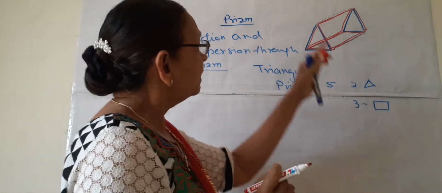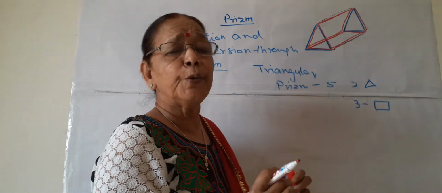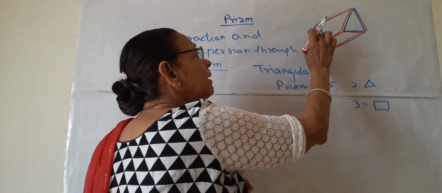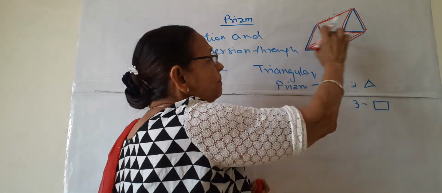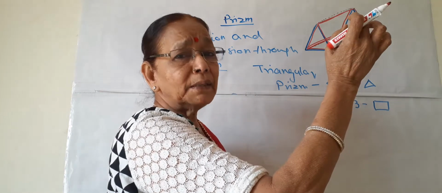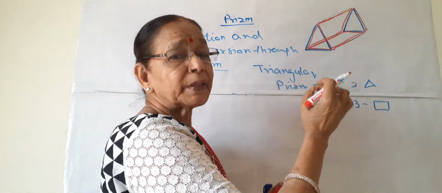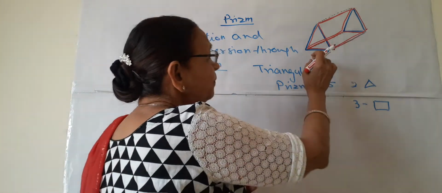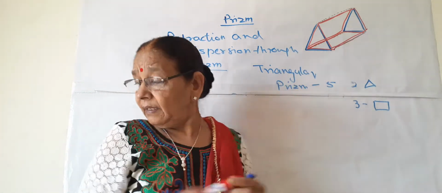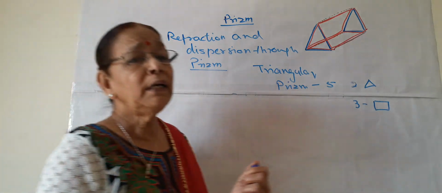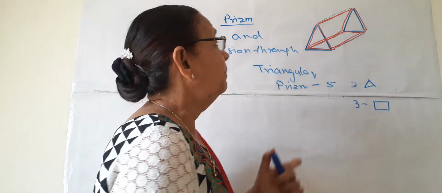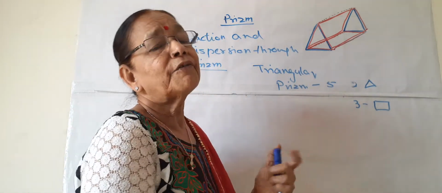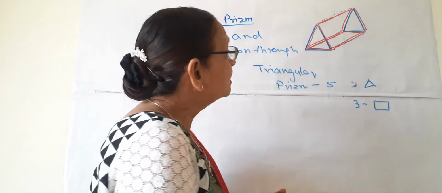So we have 3 rectangular sides and 2 parallel triangular sides, and if a light ray is incident on the prism, it will come out of the prism after deviation in a certain form. We have learned the refraction through a rectangular slab, but the refraction through a prism is different from that of a rectangular slab.